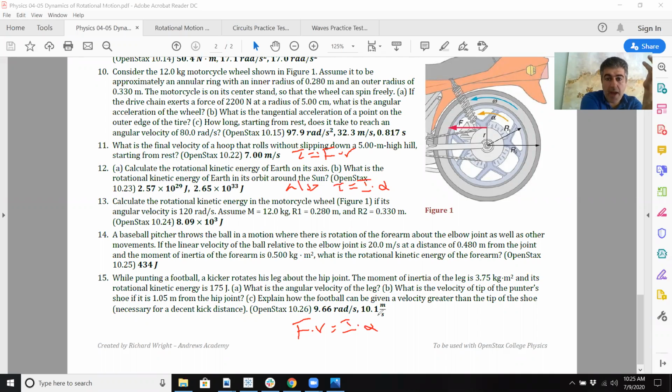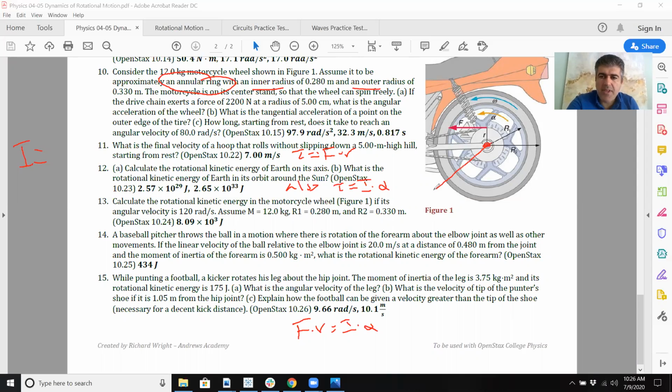And I do need to know what I is. I is going to take a little work, and you have to read it very carefully. They say it's an annular ring, and they have an inner radius and an outer radius. So I'm guessing I have to use both. Or maybe not, I don't know. Let's see. So we could probably use the hoop, and the axis is right here.